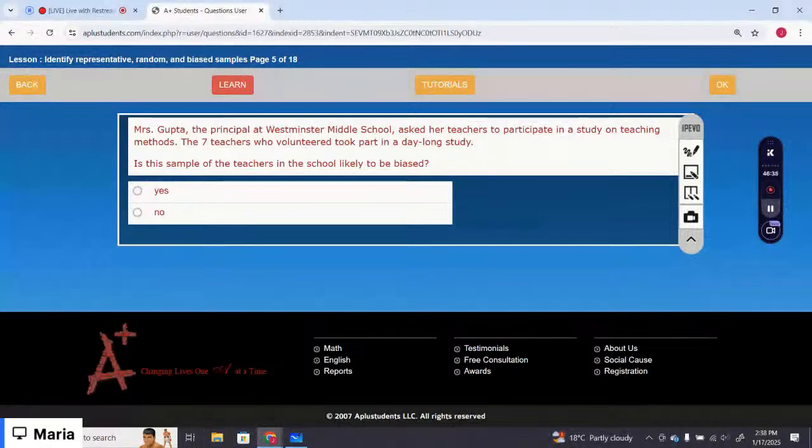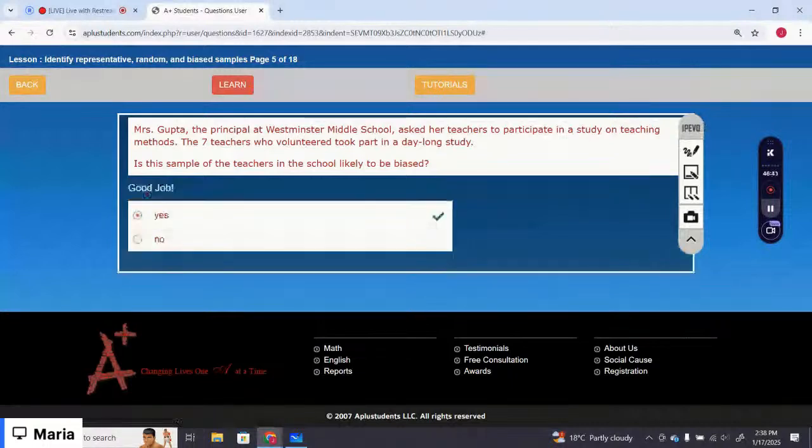The correct option is yes, that is a biased sample.